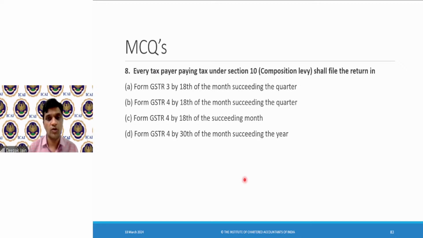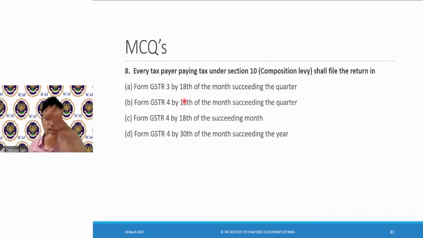Explain the 8th MCQ. Okay, the 8th MCQ question is: every taxpayer paying tax under Section 10. Who is a Section 10 taxpayer? I've written composition levy here. In the question, you may not find composition levy. When you say Section 10, you should remember composition levy. He shall file the return. Okay, GSTR 3, 4, or 4?